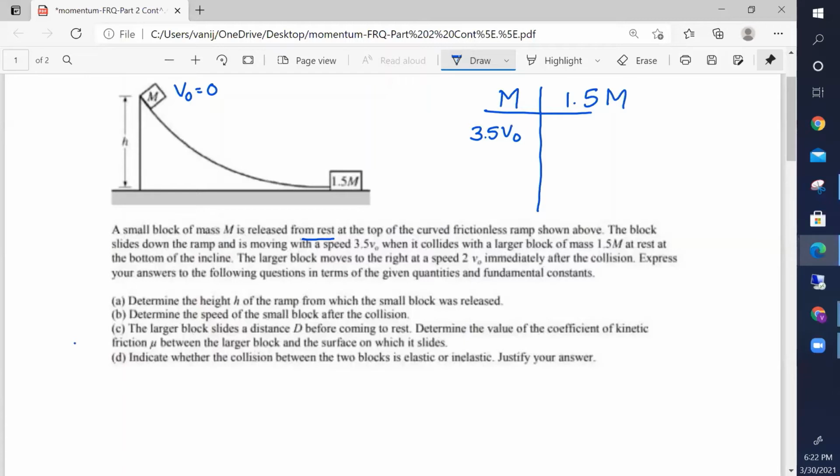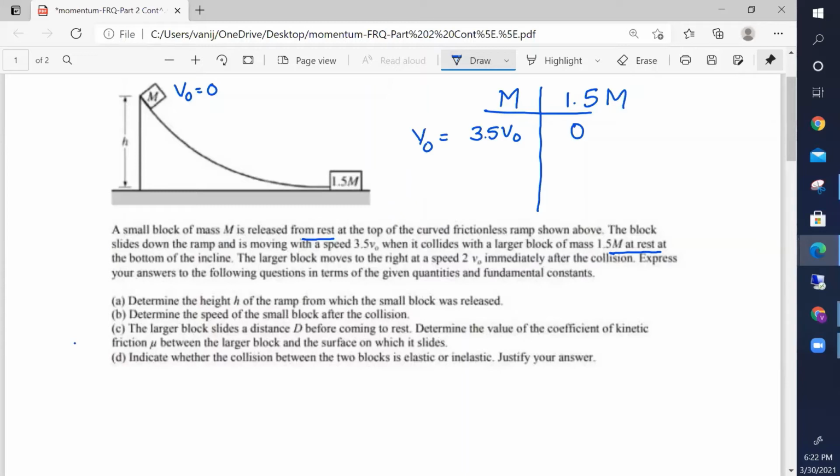I'm writing the information right when the collision is occurring, so the mass m is colliding with 1.5 m with a velocity of 3.5 v0. And 1.5 m is initially at rest. They already told you, so I'm going to write that down. Here it's initially at rest. Let's label this as v0 for each of them when the collision is taking place.